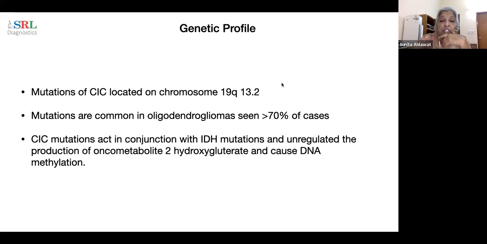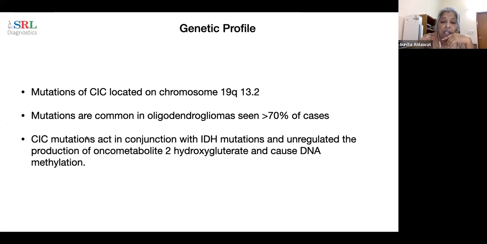Another mutation which is commonly seen in more than 70% of cases of oligodendroglioma is the CIC mutation, and this is located in 19q13.